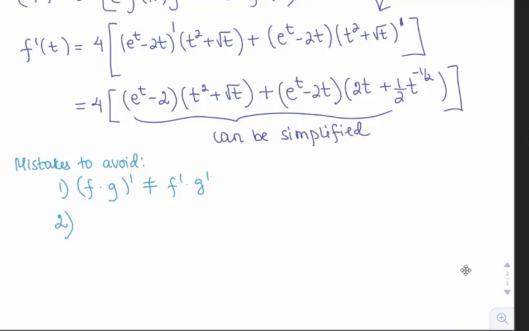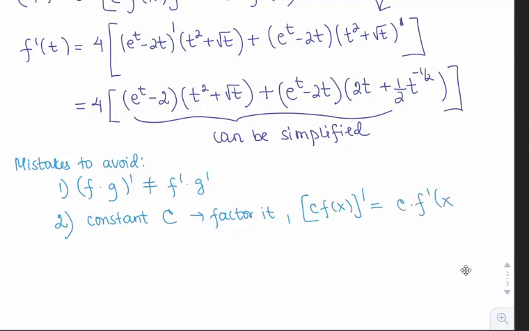Second, if you have a constant c, then just pull it out, factor it. Remember this rule: c times f of x, prime, is just c times f prime of x. Pull it out, then distribute through the whole thing.